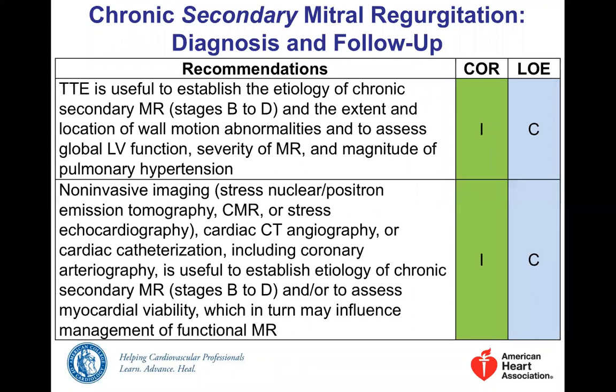Non-invasive imaging like stress nuclear emission tomography, CMR, stress echocardiography, cardiac CT angio, or cardiac catheterization, including coronary arteriography, is useful to establish etiology of chronic secondary mitral regurg, stages B to D, and/or to assess myocardial viability, which in turn may influence management of functional mitral regurg. This is a class 1.